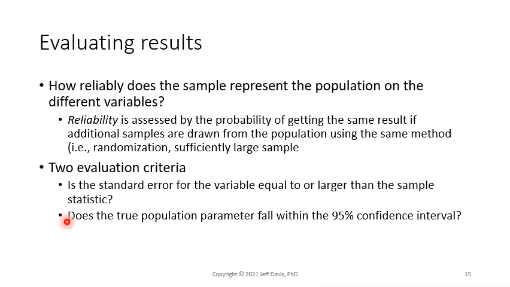But again, you rarely have the population parameter, so you're relying mostly on the first evaluation criterion. But since we have the true population parameter, we'll go ahead and include this one as part of our evaluation criteria.